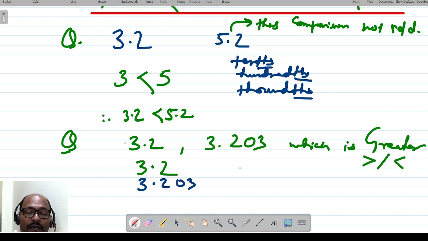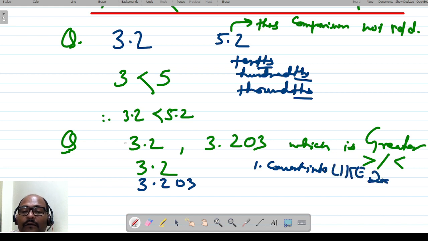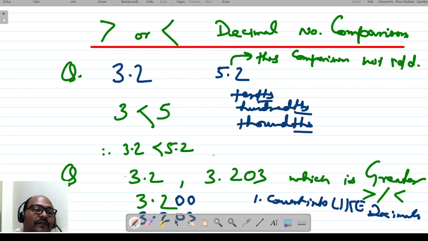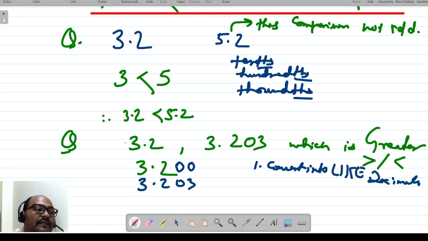Here it is converted into like decimals. The first step is to convert into like decimals, right? So 3.2 will be converted with the addition of two zeros on the right, which will not change the value, to 3.200 and 3.203. Now you can easily understand which is greater, 3.200 or 3.203.